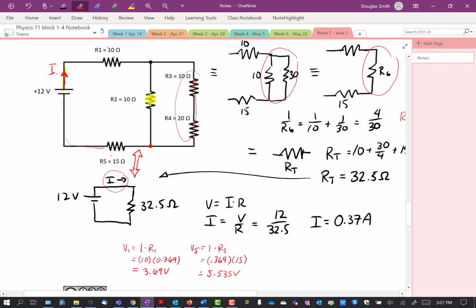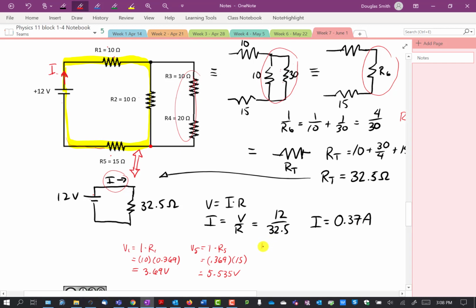If I know V2, we should be able to figure out this voltage. I2 is V2 over R2 by Ohm's law, around that loop. All the voltage gain, which would be the 12 volts, is equal to all the voltage drop, which is V1, V2, and so on. So let's calculate V2.